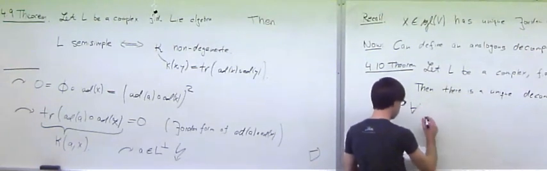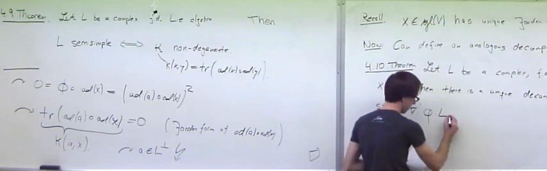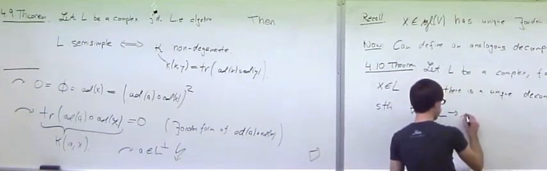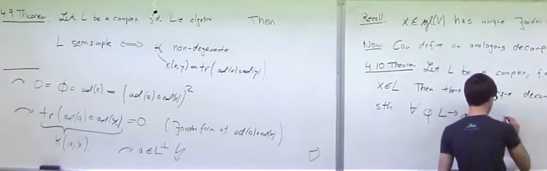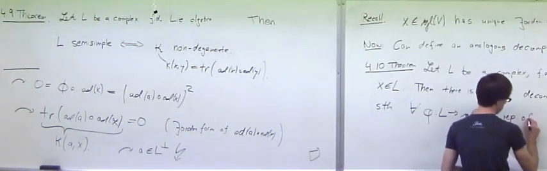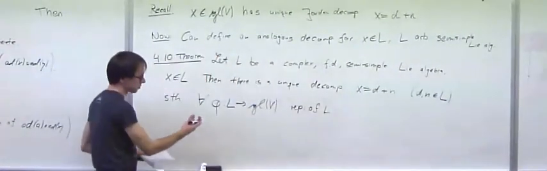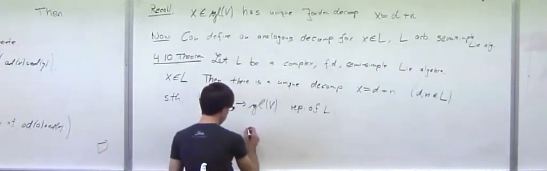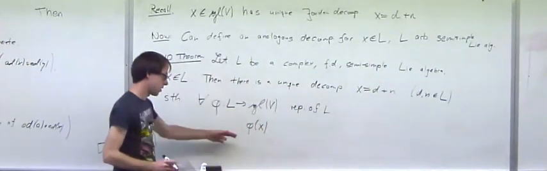For all representations of the Lie algebra, whenever I pick a representation, I can form this matrix phi of x.